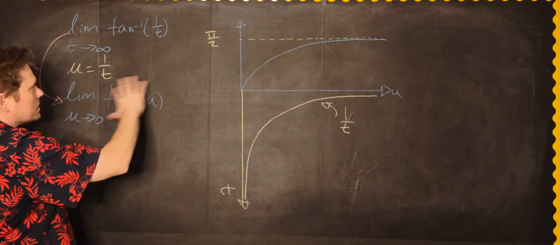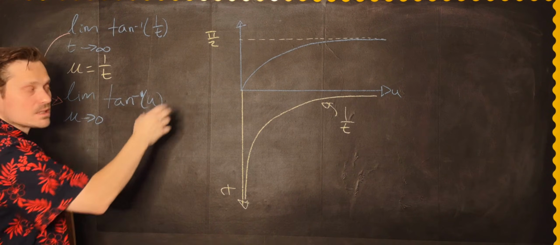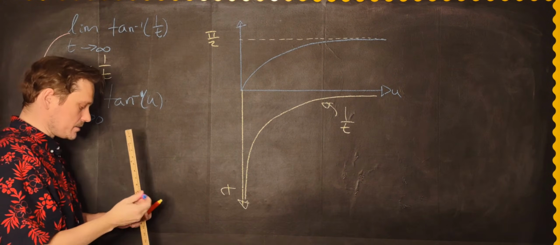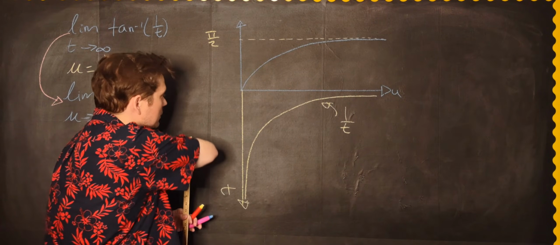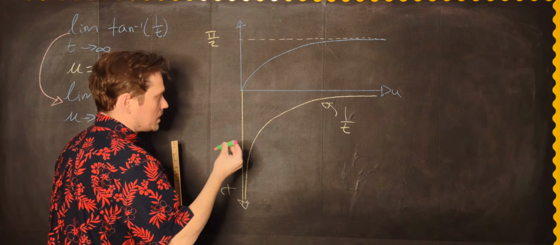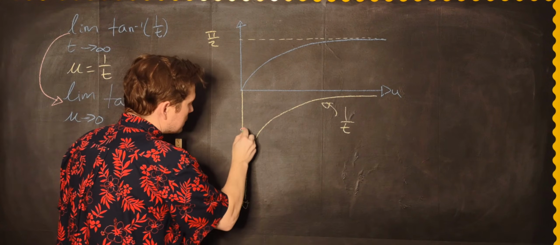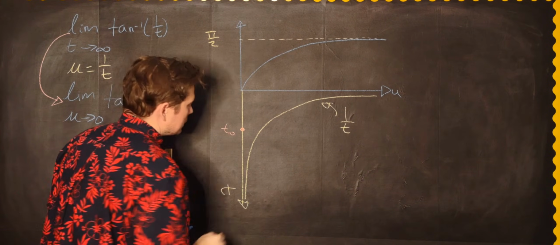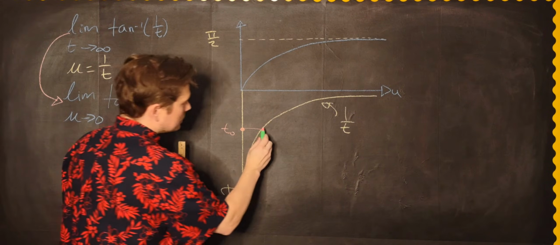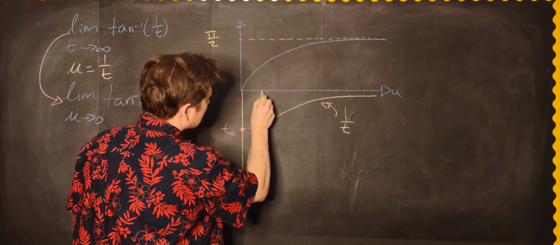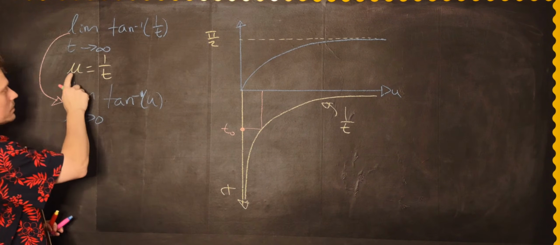How does this help us with all of this, using this picture? Take a look at a process here. Grab a point somewhere. Maybe I'll do this with a different color. Yeah, let's use this one. This is like a particular value of t. We'll call it t sub 0. When that goes in, it bounces off the graph, and it produces 1 over t, which, as you can see, is also equal to u.